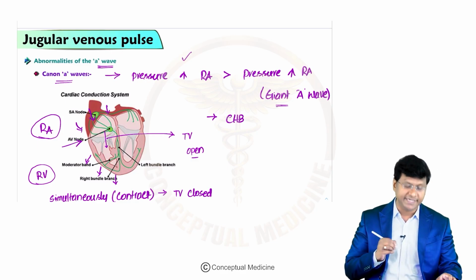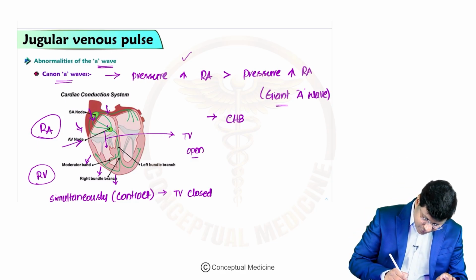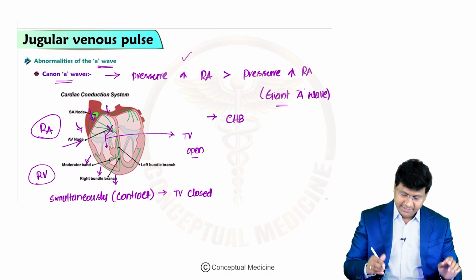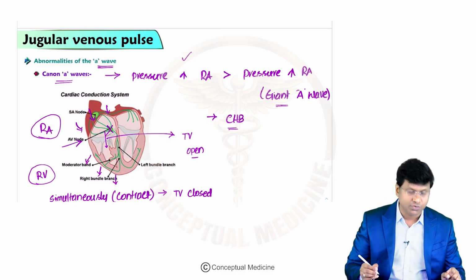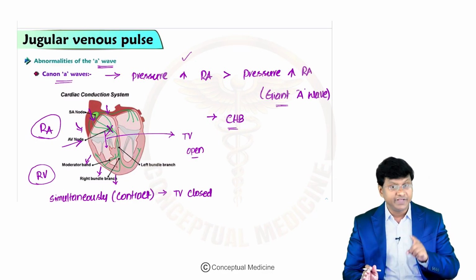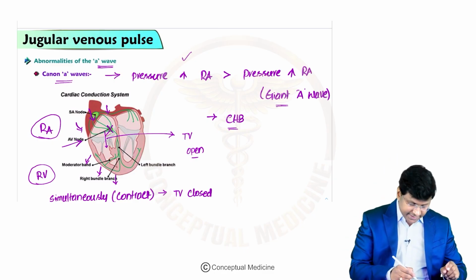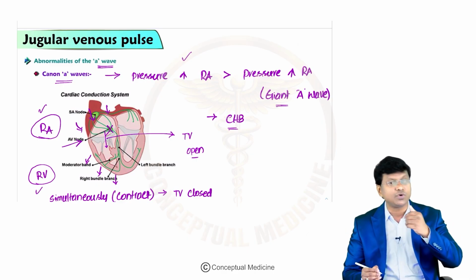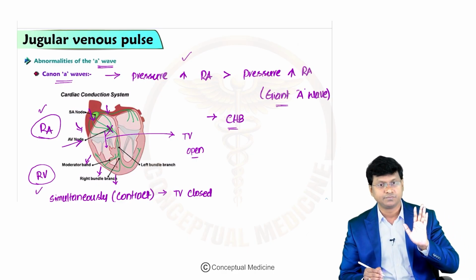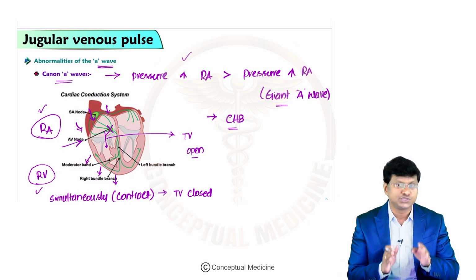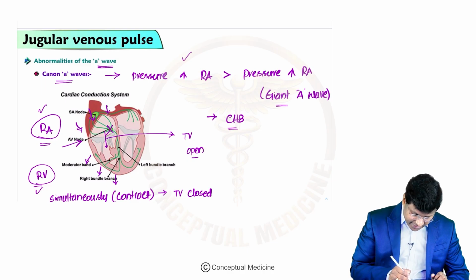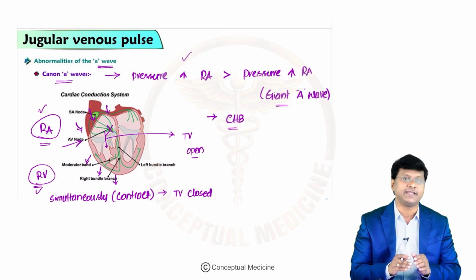In patients with complete heart block, you see here, this is the AV node. When the AV node is completely blocked, the individual will result in what is called a complete heart block. Whenever there is a complete heart block, the right atrium will contract on its own and the right ventricle will contract on its own. Now, let us assume that the right atrium and right ventricle are contracting simultaneously.